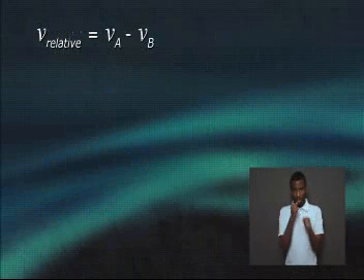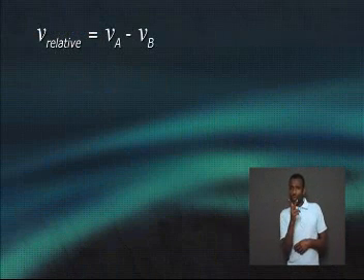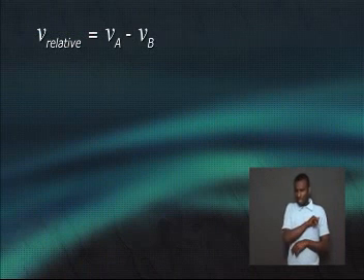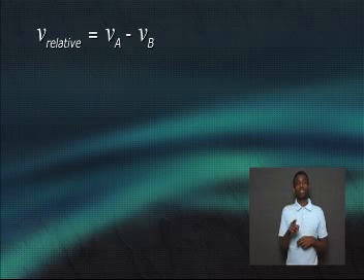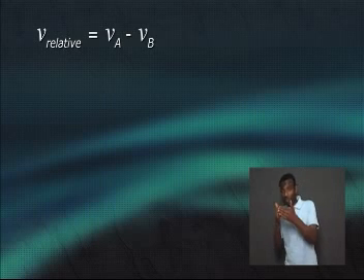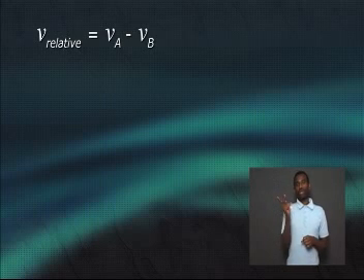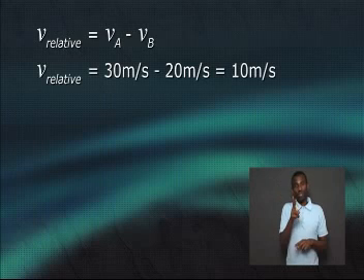Because the trains are moving in the same direction, the relative velocity with which train A overtakes train B is found by subtracting their velocities. Thus, the relative velocity equals 10 meters per second.